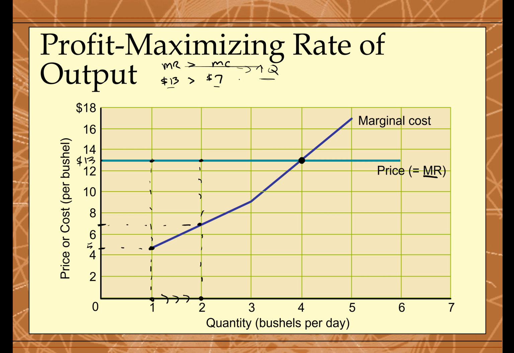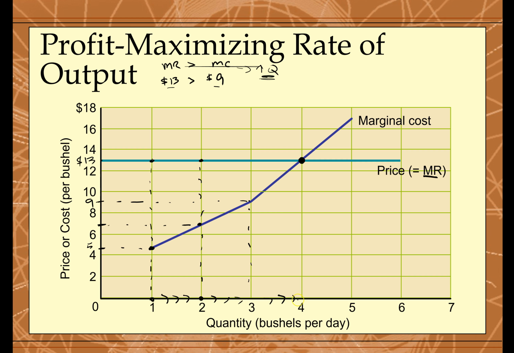So increase output. You go to 3, and marginal cost increased some more to about 9. But again, MR is still greater than MC, so increase the rate of output.